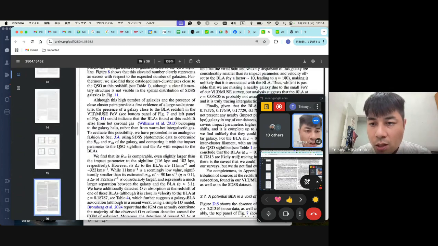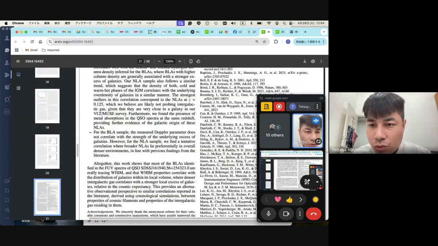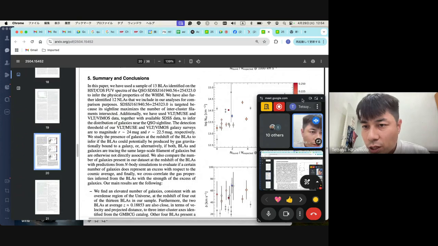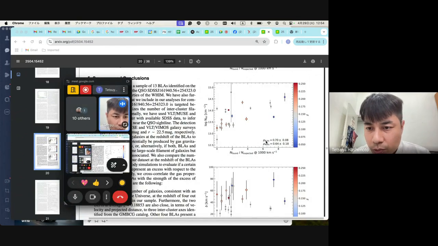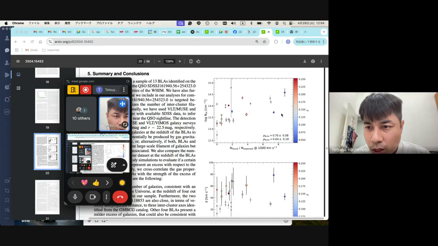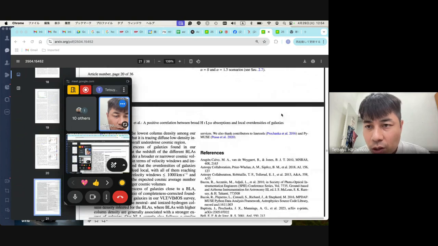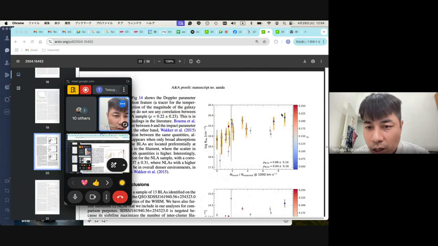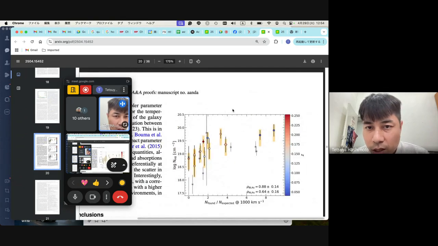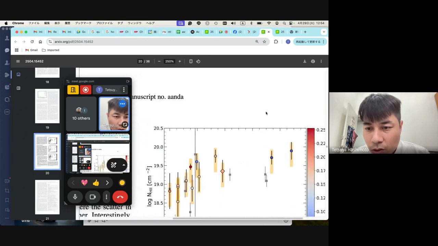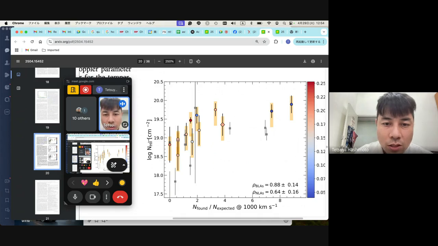And then it goes to, I think, one of these figures. I skip all the details, but probably, not this one. Oh, this one. I think this is an important figure. So the y-axis is the column density, so how much material there is.